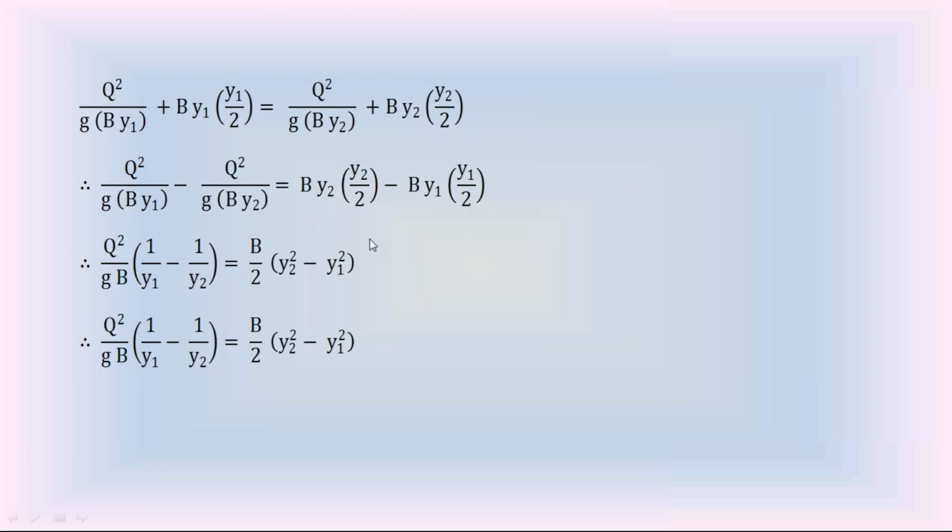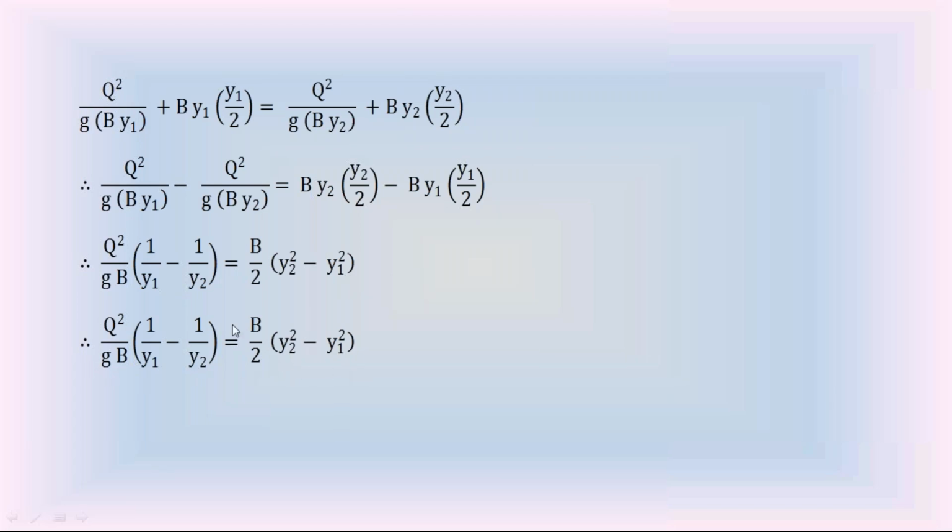So the right side becomes B by 2 into Y2 square minus Y1 square. So we got another equation: Q square by ZB into 1 by Y1 minus 1 by Y2 is equal to B by 2 into Y2 square minus Y1 square.